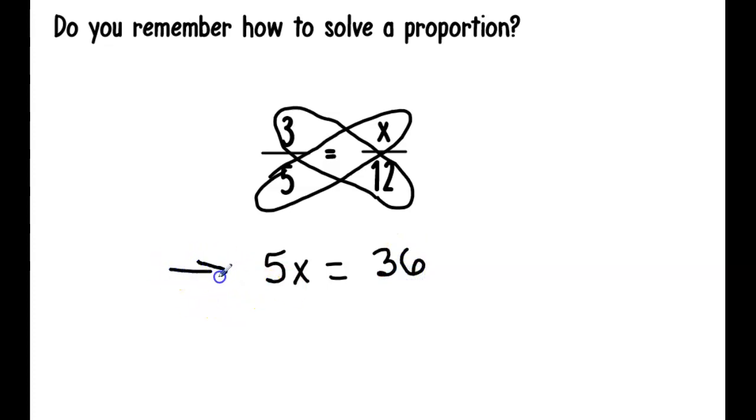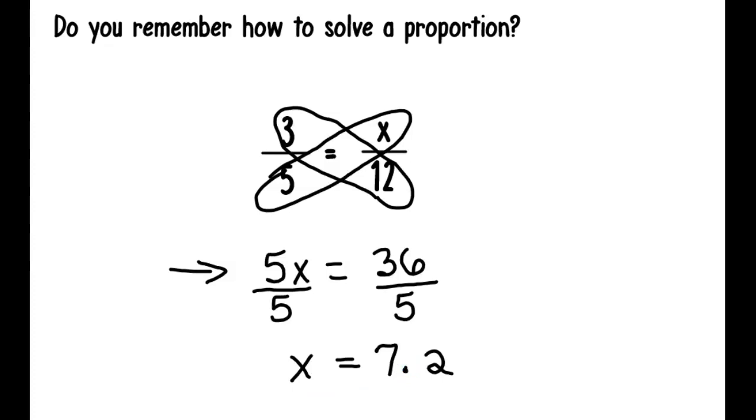This is a multiplication equation. In step number 2, the opposite of multiplication is division, so we would divide. And x equals 36 divided by 5, which is 7.2.